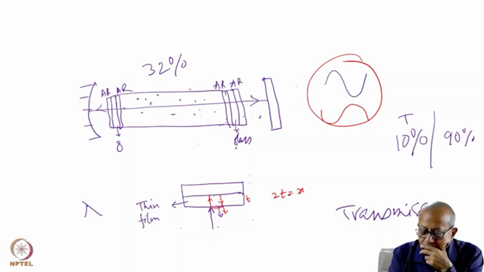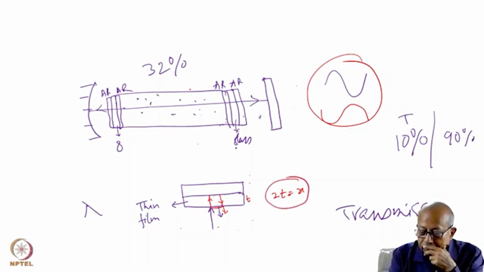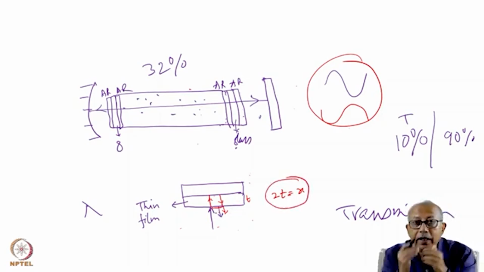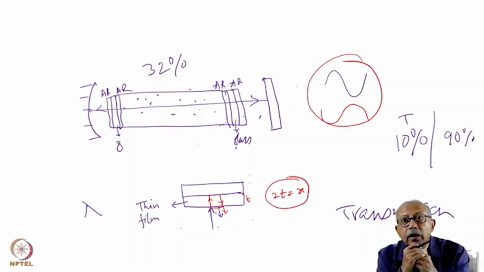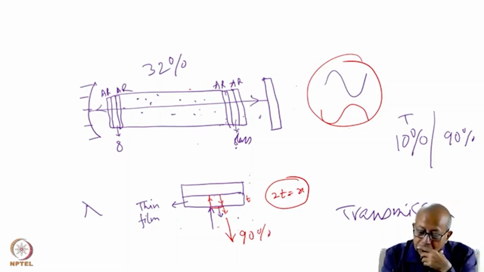So it has traveled this thickness of the film twice. So now if 2t becomes x, then this beam would annihilate, there will be 10% annihilation. So 90% of the light will be reflected. So then 10% will get out.